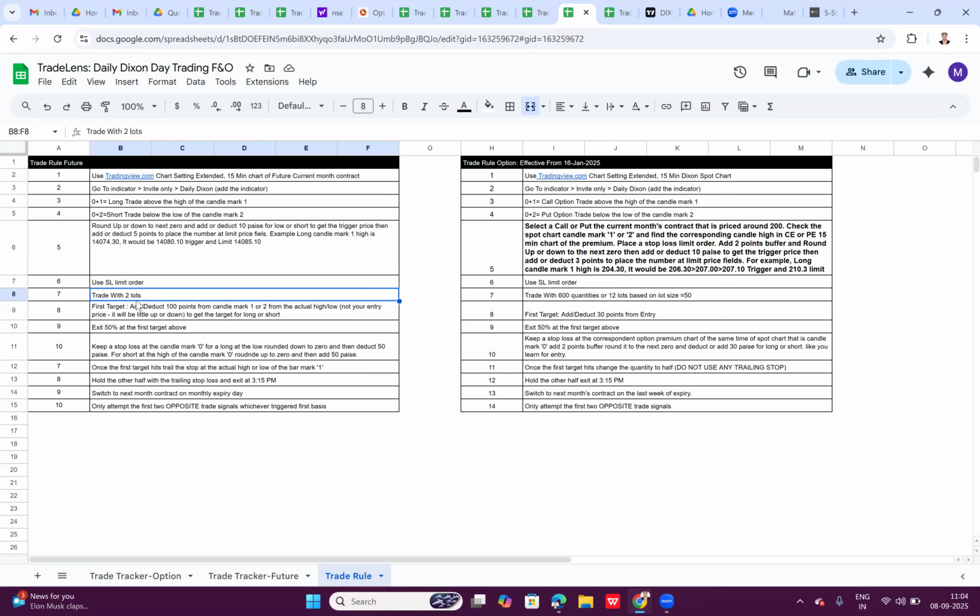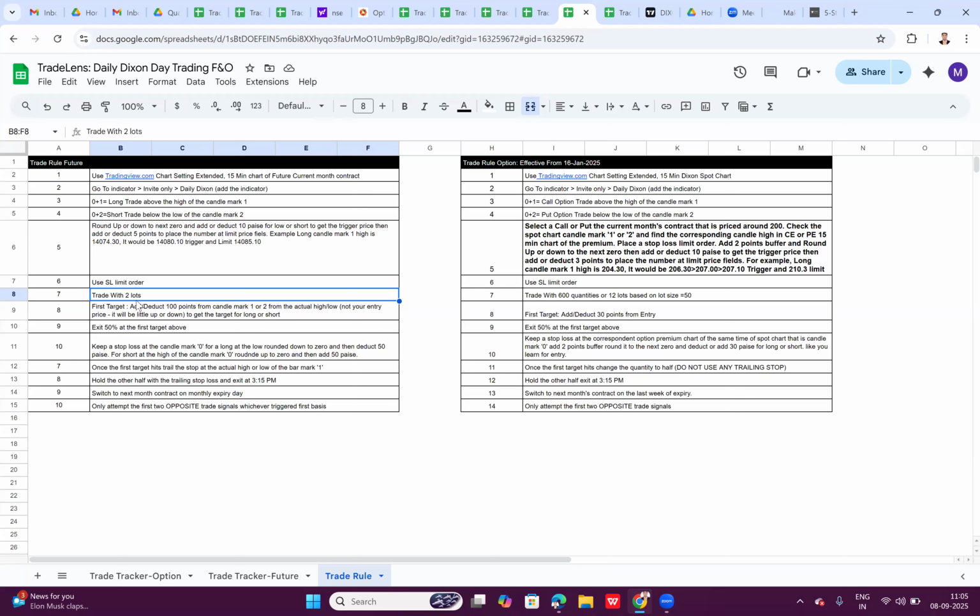Always we have to trade in a minimum of 2 lots. As per your investment, you can select the quantity, but we have to maintain a minimum of 2 lots because we have two targets in the Dixon indicator.